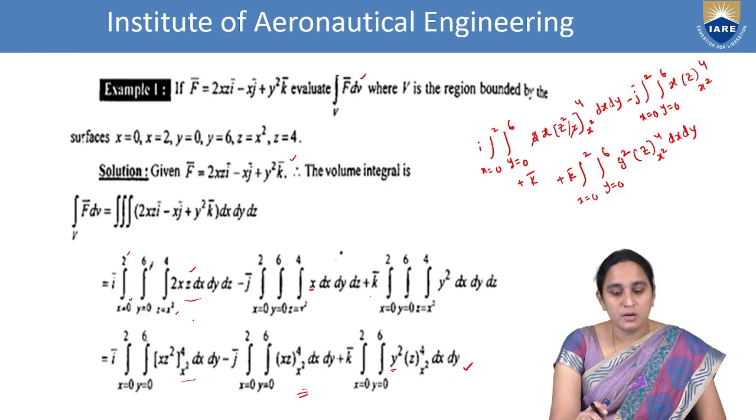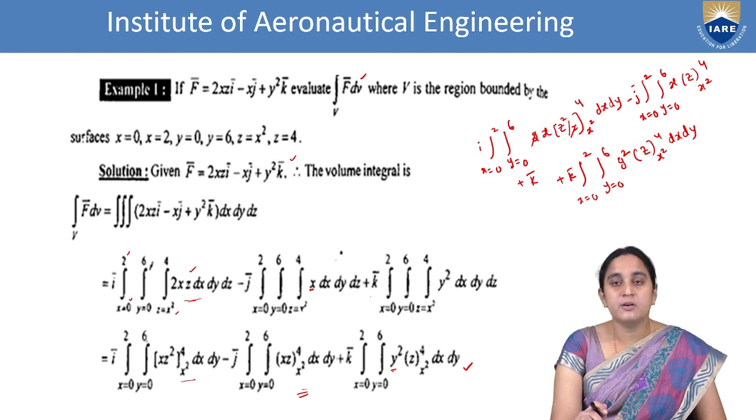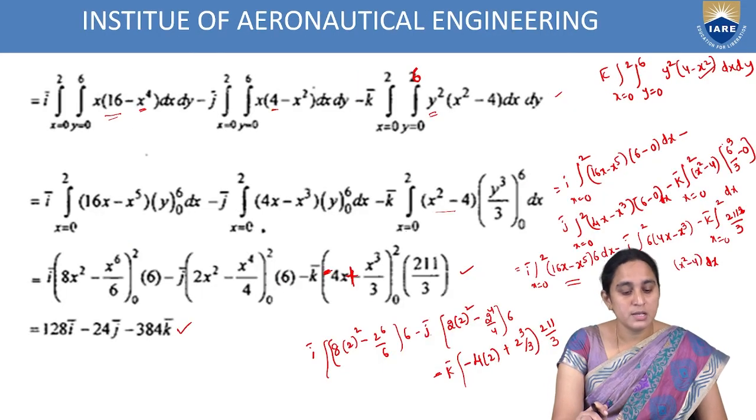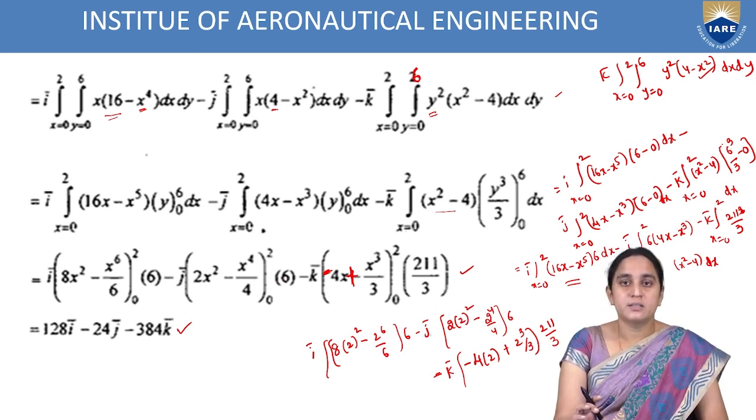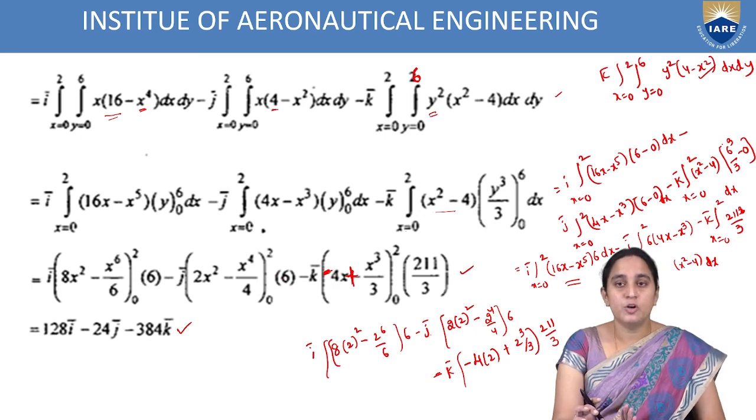Therefore, the triple integral of v f bar dv for the given vector function, the volume integral value is 128 into i bar minus 24 into j bar minus 384 into k bar. That's the concept of the volume integral. Volume integral means what? It is in triple integral form.